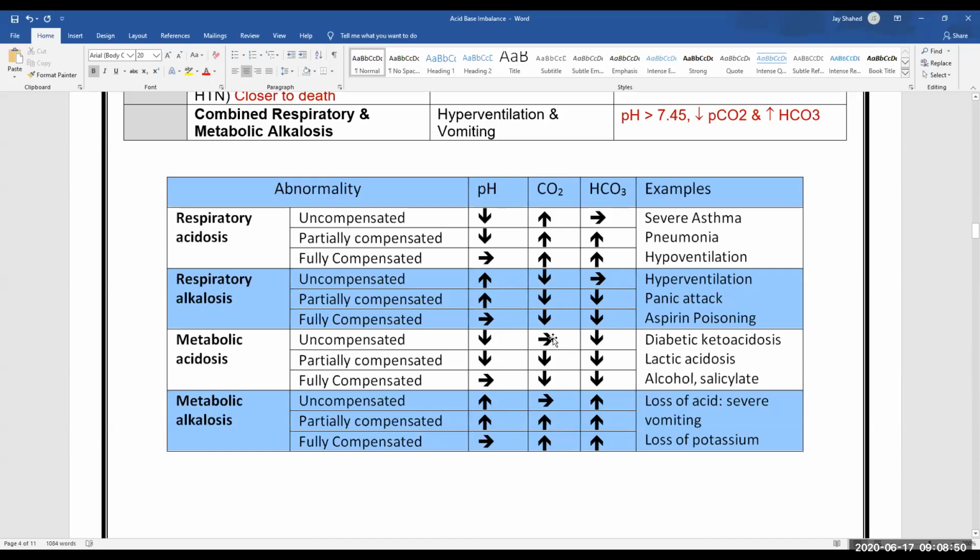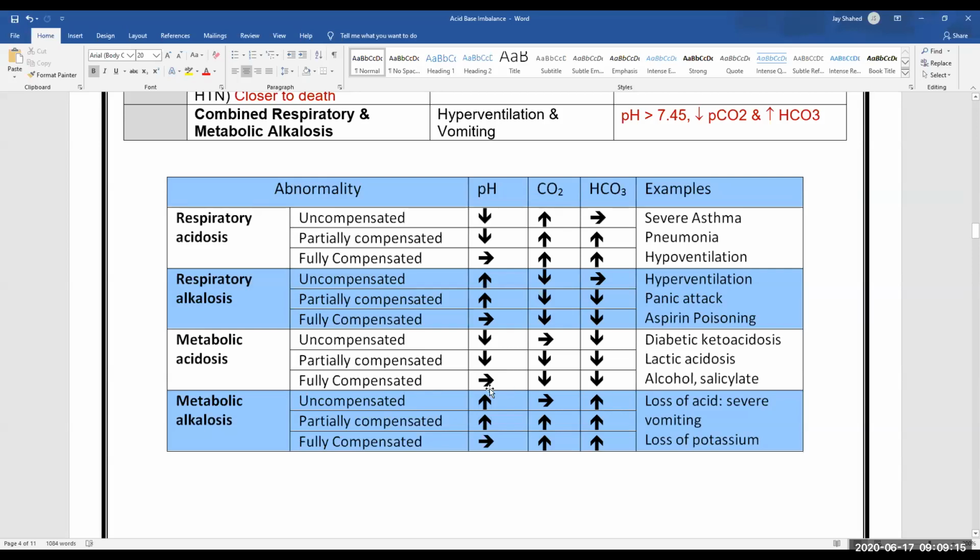So if it's staying within range and not going down like it should, because it should go down along with this in order to compensate. So this one goes down, this one goes down with metabolic. Now, partially compensated, it's a little bit below 7.35.